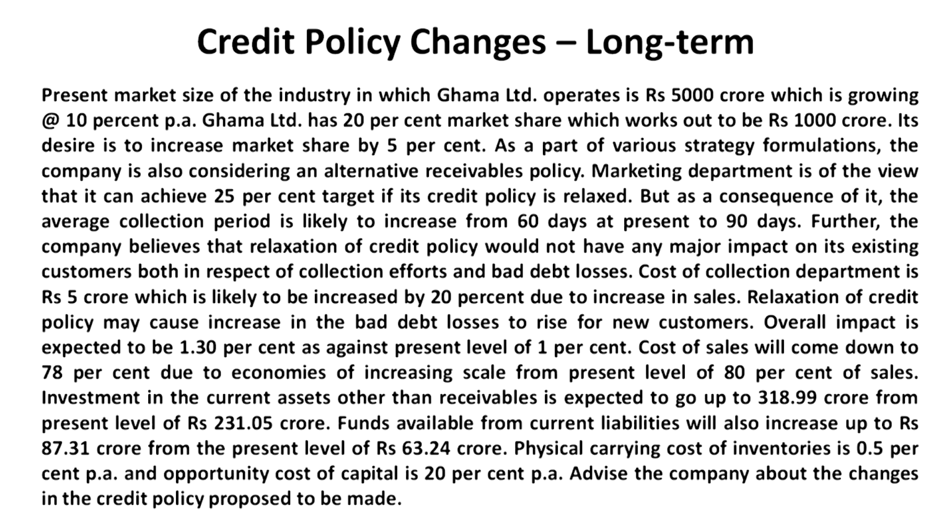So, to have sales of 1375 crores, they have to relax the credit policy, and if they do, two or three things are important. One thing is that they have to increase the credit period from 60 days to 90 days, and then the cost of the credit sales collection department will rise from the existing 5 crore by 20%.